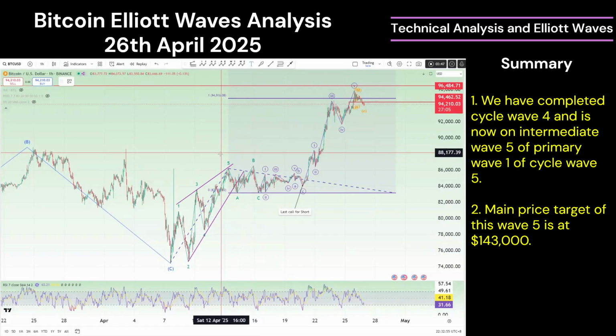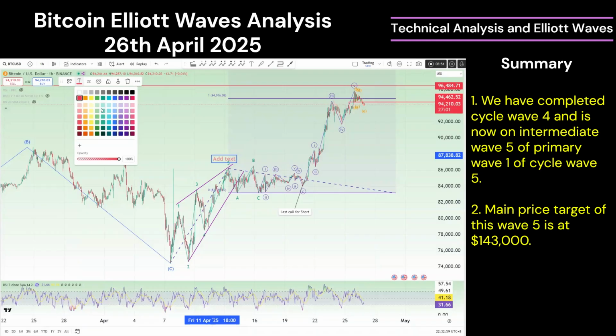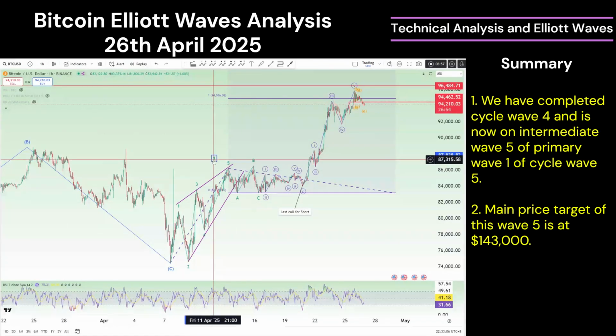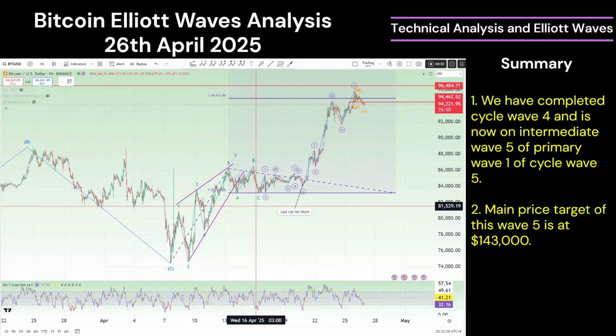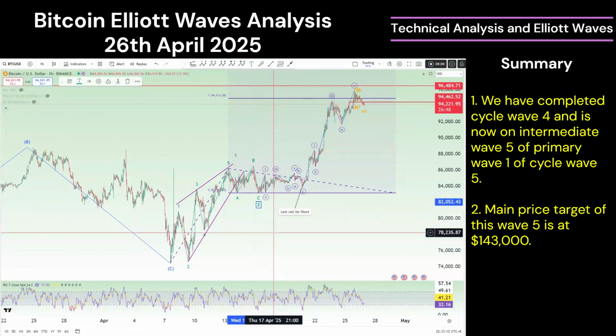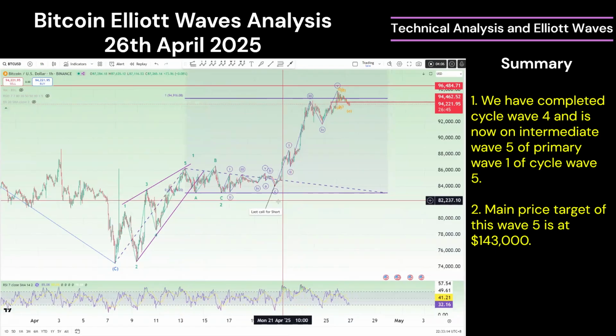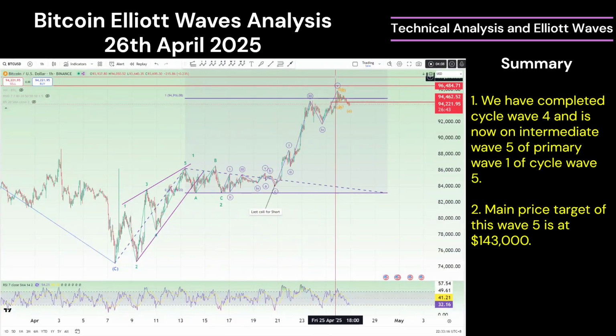If I label this, just so that we are more consistent with how we do this, this one becomes a wave one, and then we have another one which is a wave two, and then this one becomes part of a three.